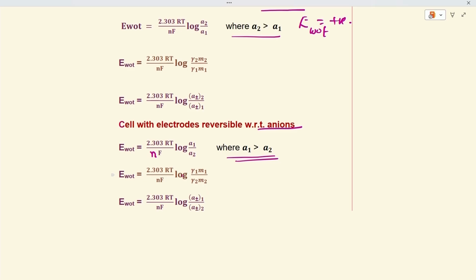And again in terms of molality, it is equal to 2.303 RT by NF log gamma 1 M1 divided by gamma 2 M2, where gammas represent the activity coefficients, and E without transference in terms of mean ionic activities is equal to 2.303 RT by NF log mean ionic activity of 1 divided by mean ionic activity of 2. So, with this we finish this session. Thank you.